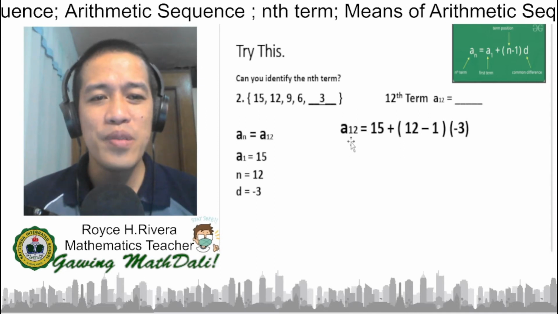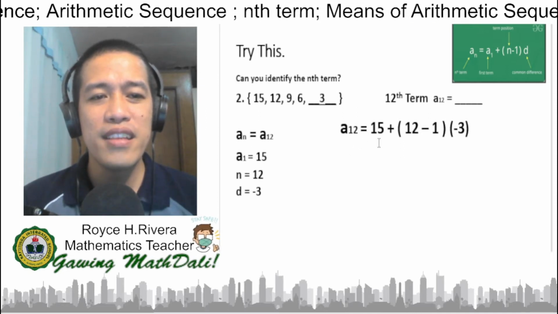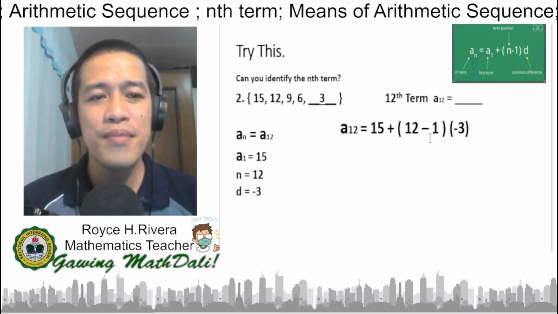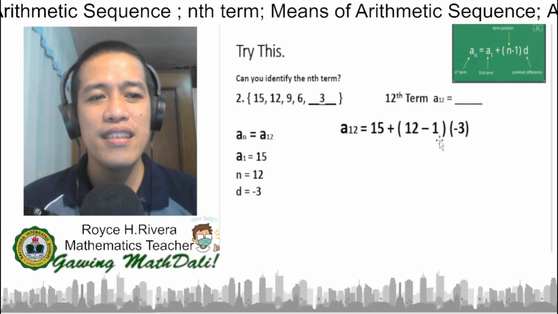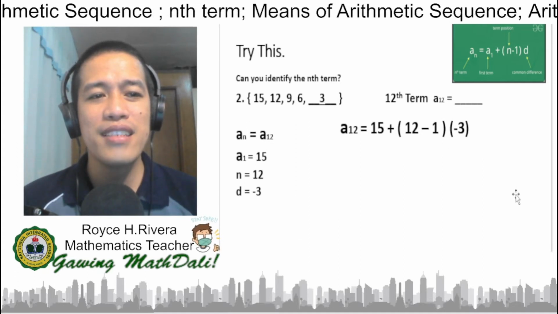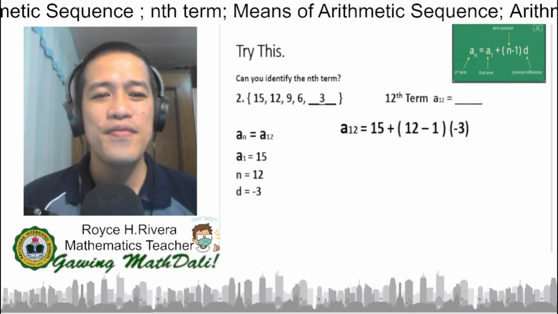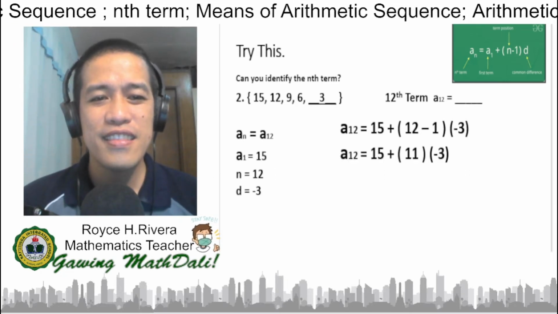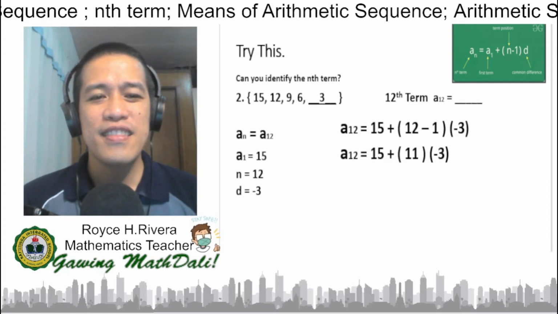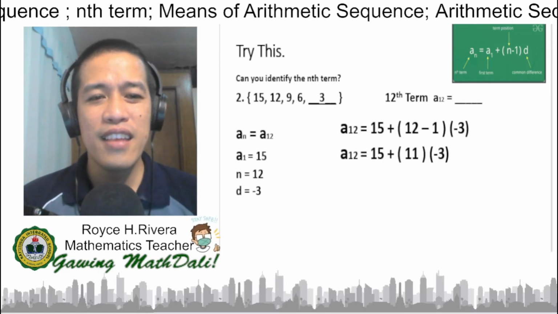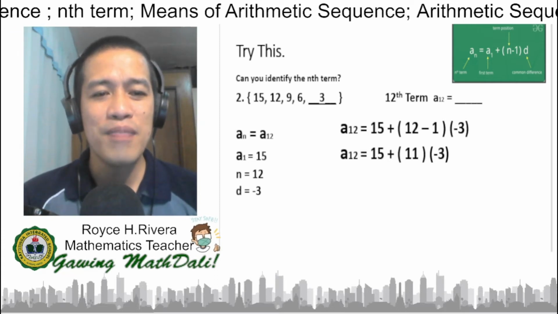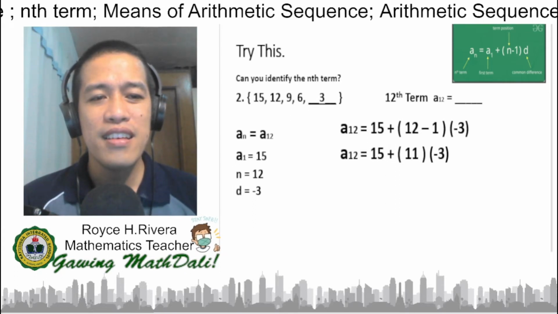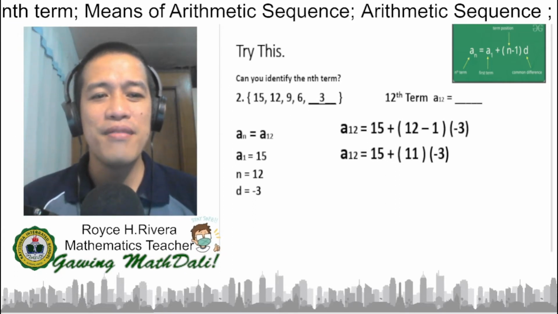A sub n is 12, a sub 1 is 15, n is 12 minus the constant 1 times the common difference, negative 3. Let us continue. The second line will be a sub 12 is equal to 15 plus 11 times negative 3.